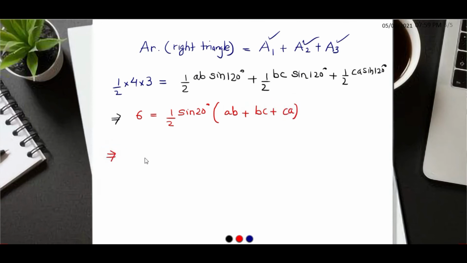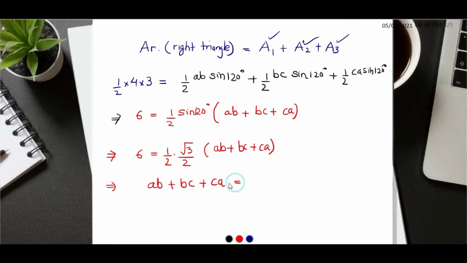So 6 is equal to half times sine 120 degrees, which is root 3 by 2, times AB plus BC plus CA. So we have obtained one equation: AB plus BC plus CA is equal to 24 over root 3.